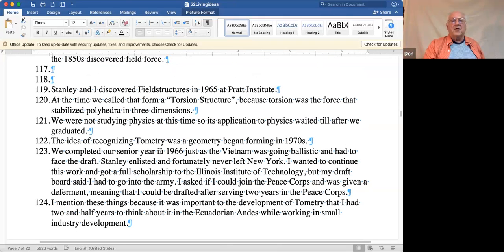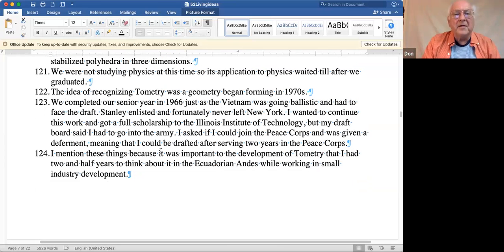At the time, we called them torsion structures because torsion was the force that stabilized the polyhedra in 3 dimensions. We were not studying physics at that time, so its application to physics waited until after we graduated. The idea of recognizing tometry as a geometry began forming in 1970.